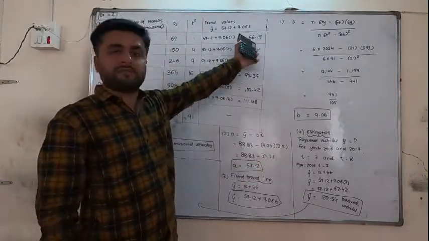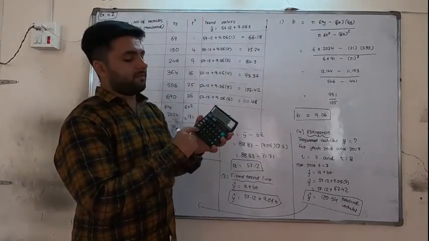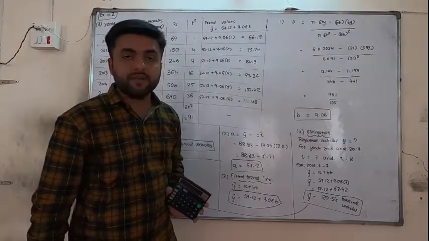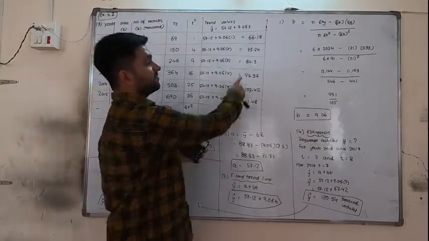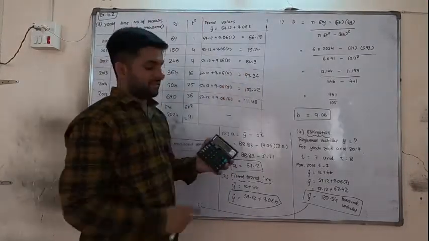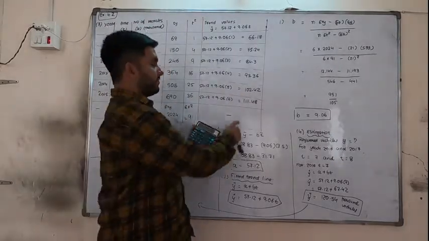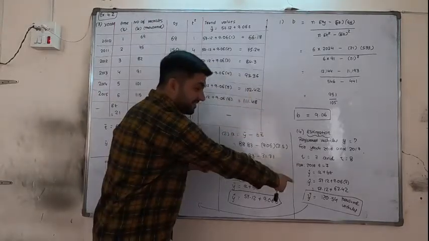Write only the first answer, 66.18. Then plus 9.06, so you will get 75.24. Now you don't have to do anything. You only press the equals button, so you will get 84.3. Again press equals, 93.36. Again, 102.42. One more time, 111.48.